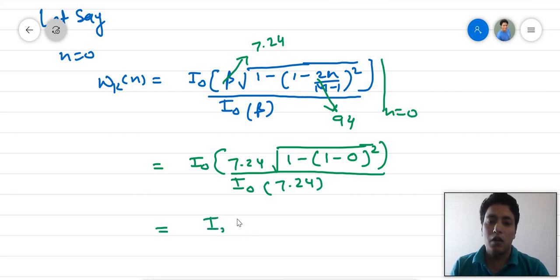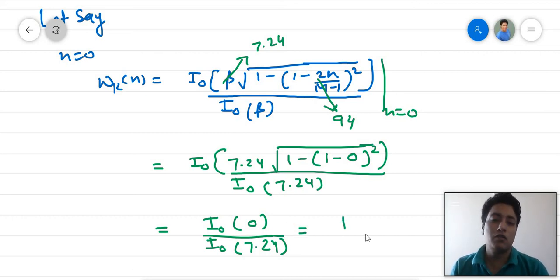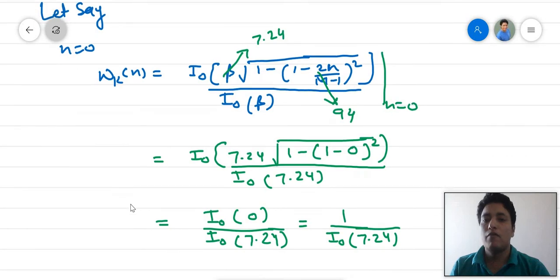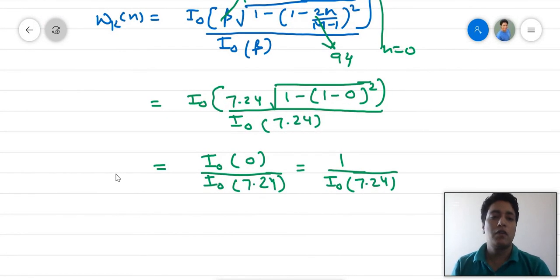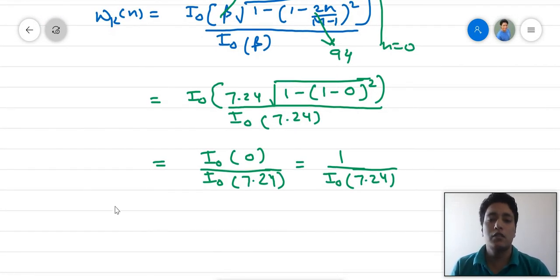This will give I naught 0 over I naught 7.24. This I naught 0 is nothing but 1, so it will be 1 over I naught 7.24. In a similar manner, we can find out all other values of the Kaiser window, that is Wk[n] from n equals 0 to m minus 1 using digital computers.